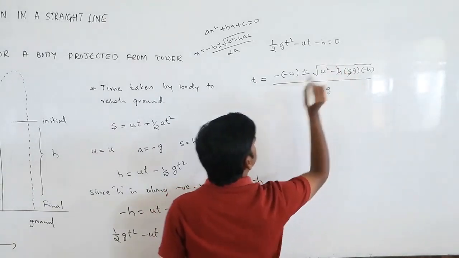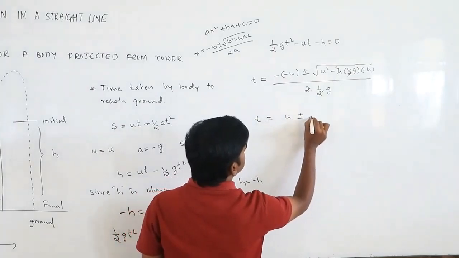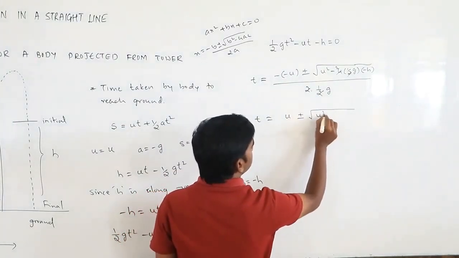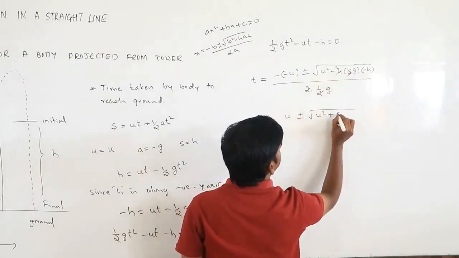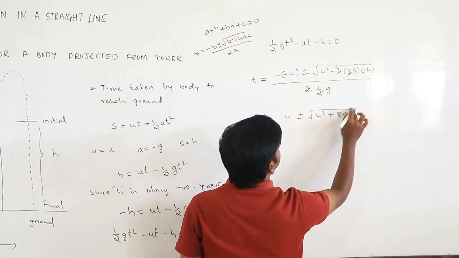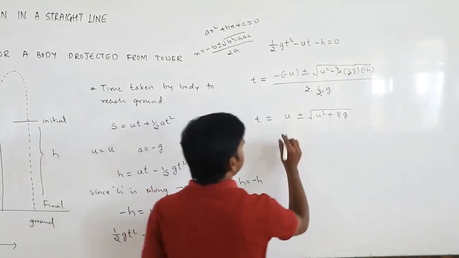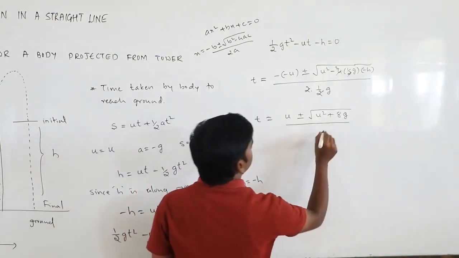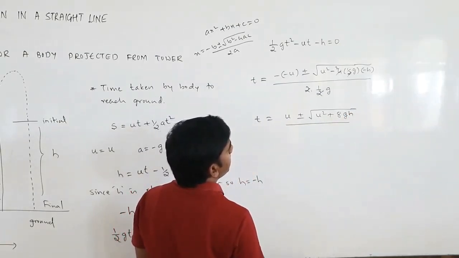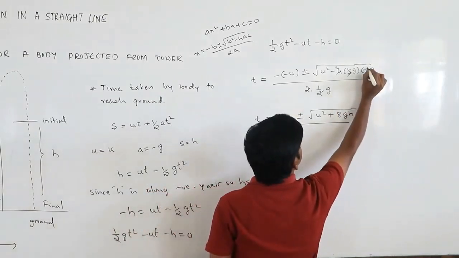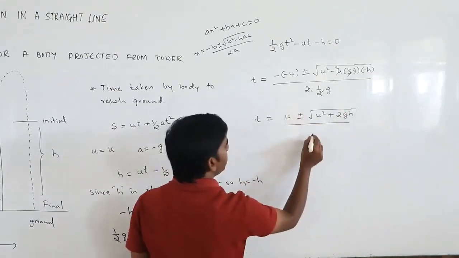So t equals plus u plus or minus root of u square, minus 4 times half g times minus h, so plus. 2 fours are 8, not only g, h will also come, so 2gh.